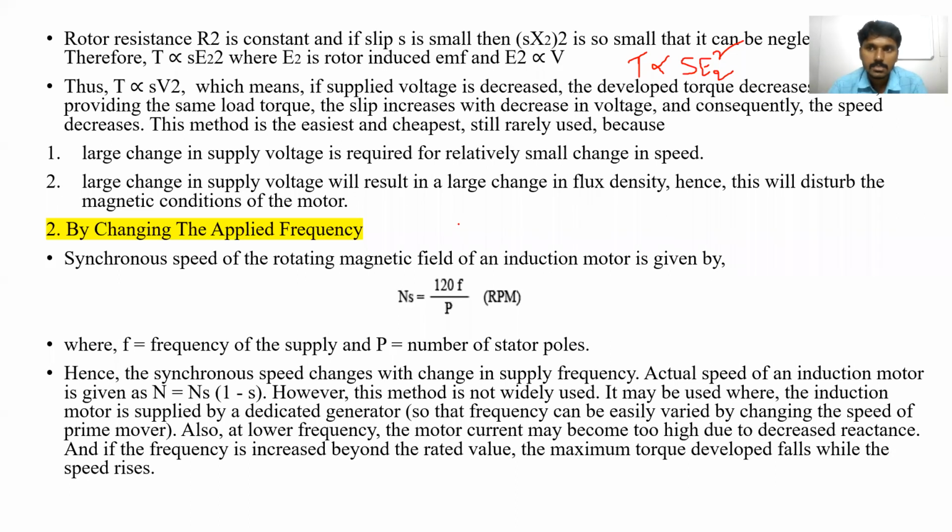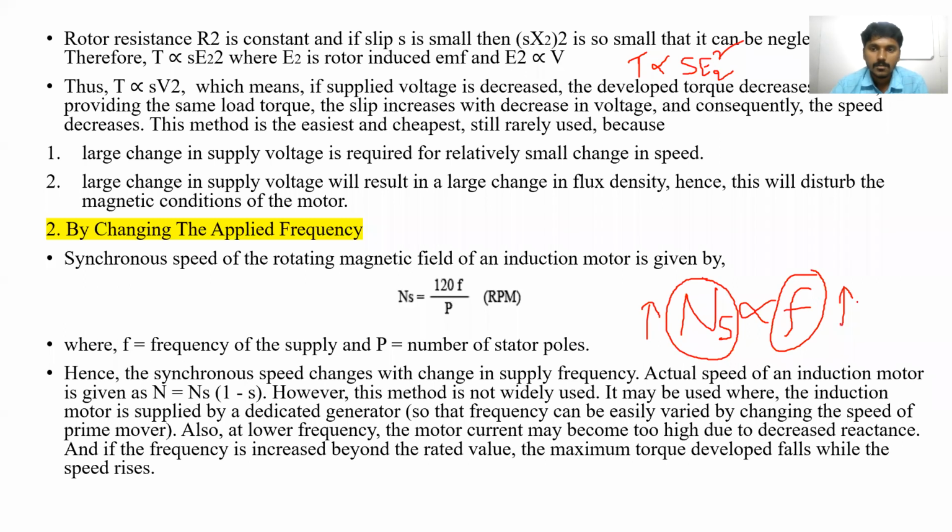If we change the supply frequency, the speed also varies, because we know the formula: synchronous speed Ns equals 120 f upon P. So the synchronous speed is directly proportional to the supply frequency. If the supply frequency is increased, the synchronous speed also increases.